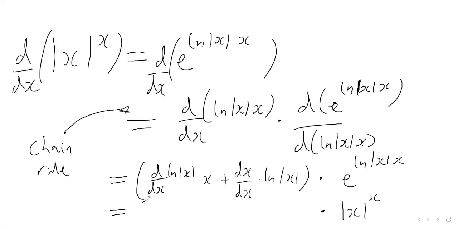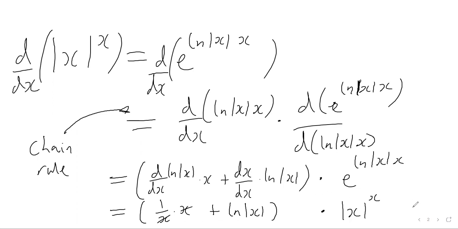So what we've got here is 1 over x inside there multiplied by x, and then you've got dx by dx, that's just the number 1, and then multiplied by the natural log of the modulus of x there, multiplied by the modulus of x to the power of x. What we notice is that these x's just cancel out to give us a 1.